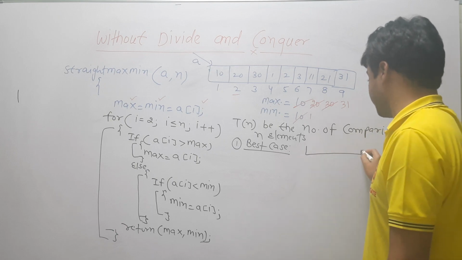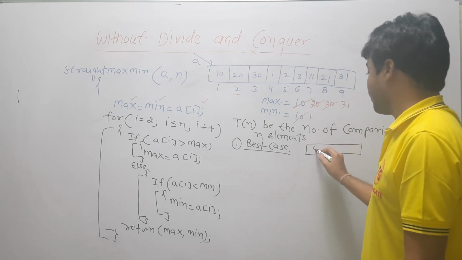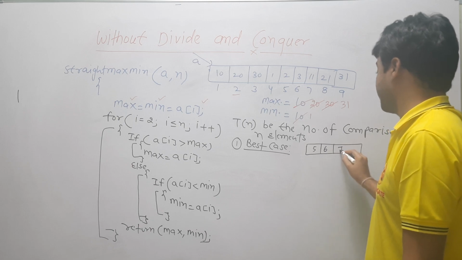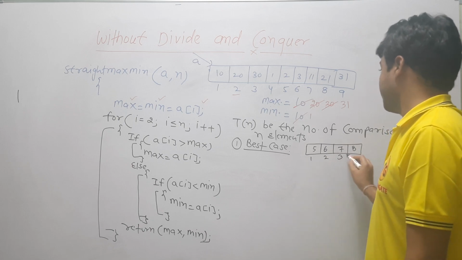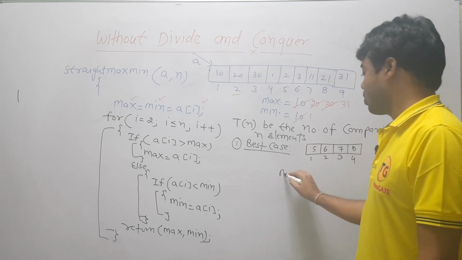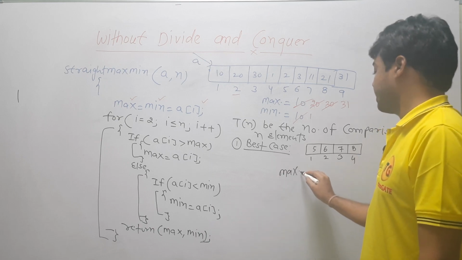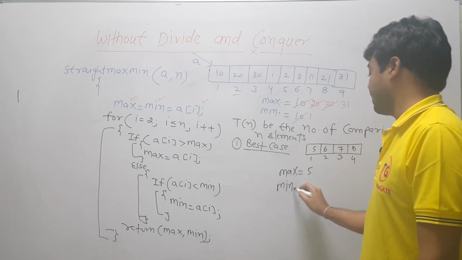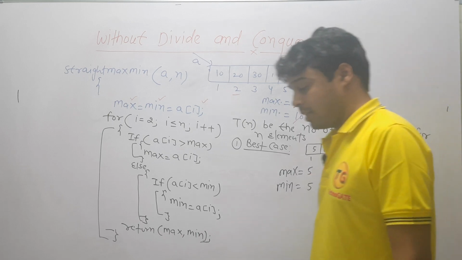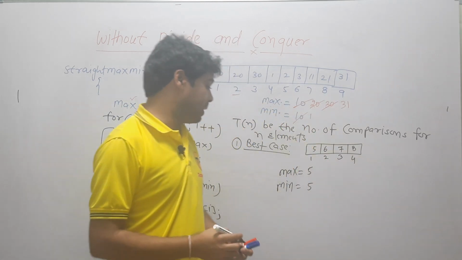So let's see this one, like 5, 6, 7 and 8, already sorted here. Initially maximum is 5 and minimum is 5.